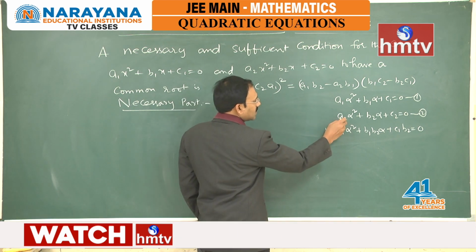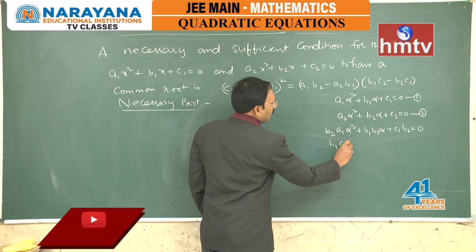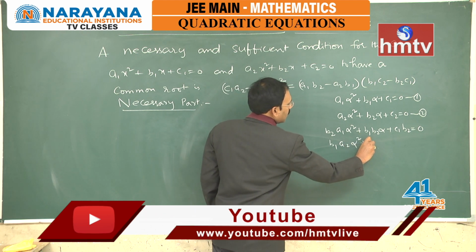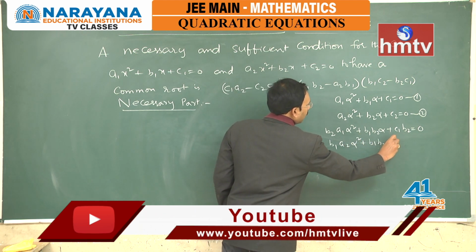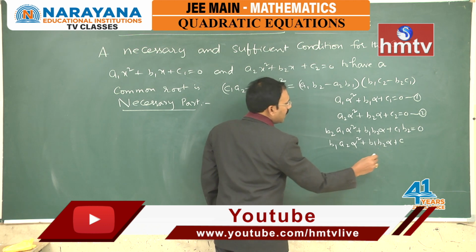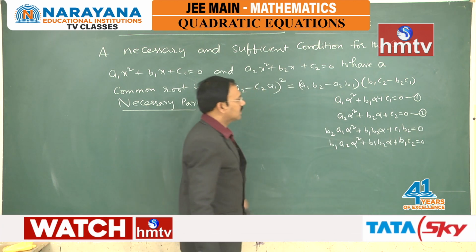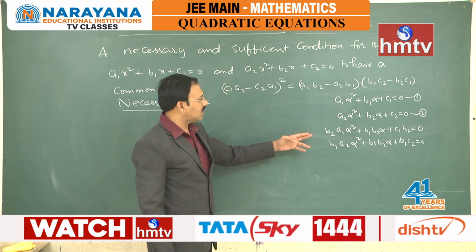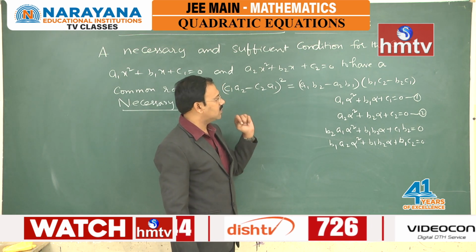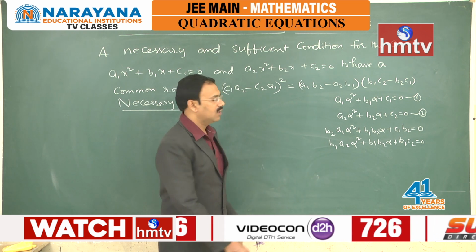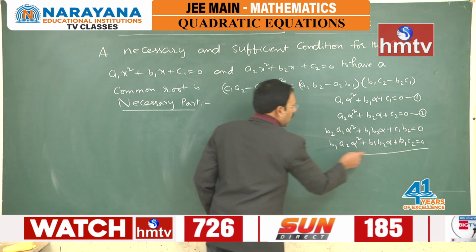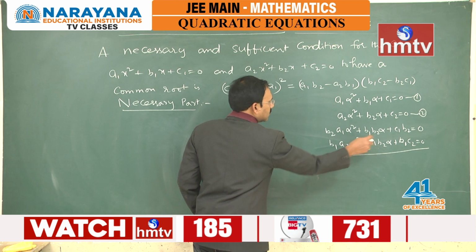Similarly, you multiply this with b1: b1 a2 alpha square plus b1 b2 alpha plus b1 c2 is equal to 0. The same equations I have written here by multiplying this with b2 and this with b1. Now, subtract one from the other to eliminate this term.